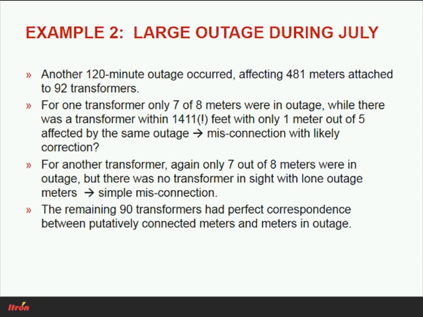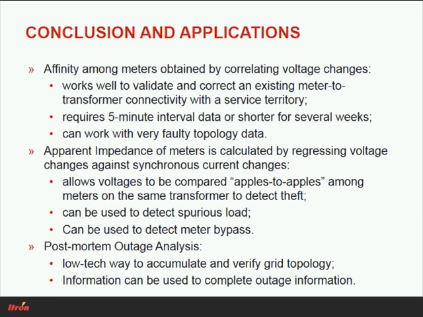With that third example, we come to our concluding slide, where again we've been focusing mostly on how to automate grid topology detection and grid topology maintenance. We all know that meter connectivity and even transformer connectivity does not stay constant over time.